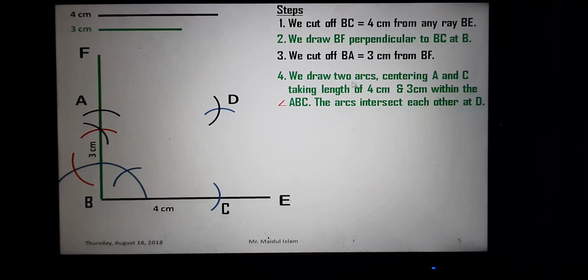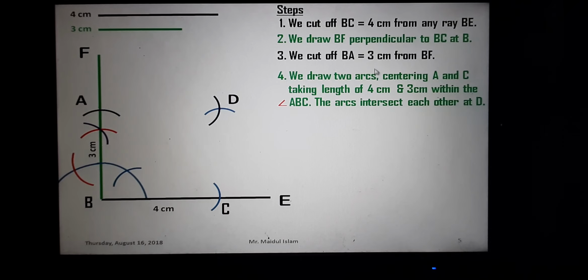We draw 2 arcs. How many arcs? 2 arcs, centering A and C, taking length of first how many centimeter? 4 centimeter, and secondly 3 centimeter.